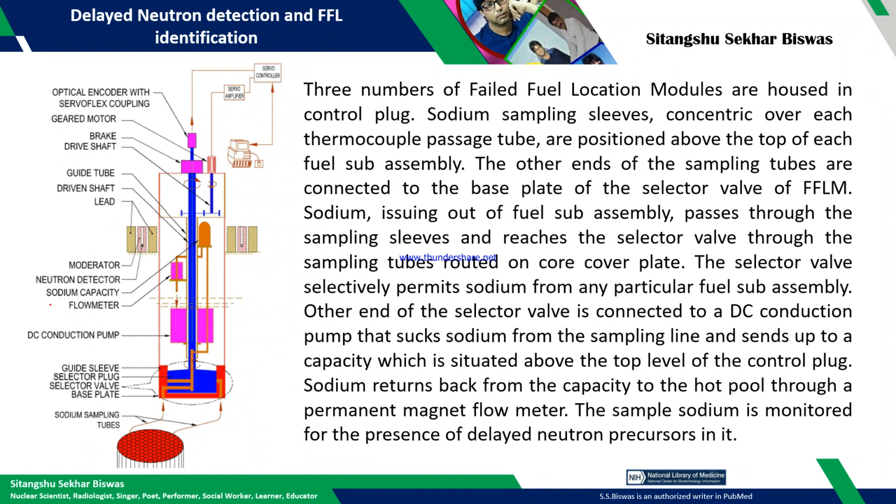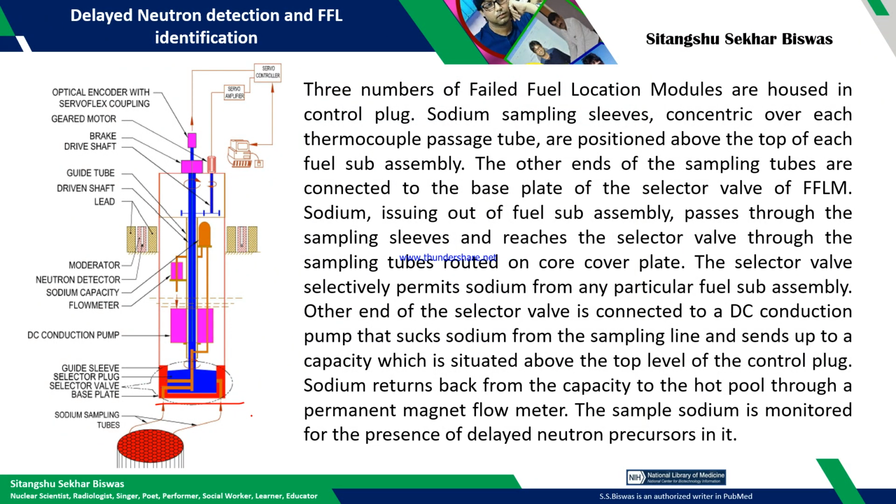This is a sodium sampling sleeve, concentric over each thermocouple passage, on top of which the thermocouple is there. The tube is positioned at a particular subassembly, and the other end of the sampling tubes is connected to the base plate. These red-colored parts are the base plate.